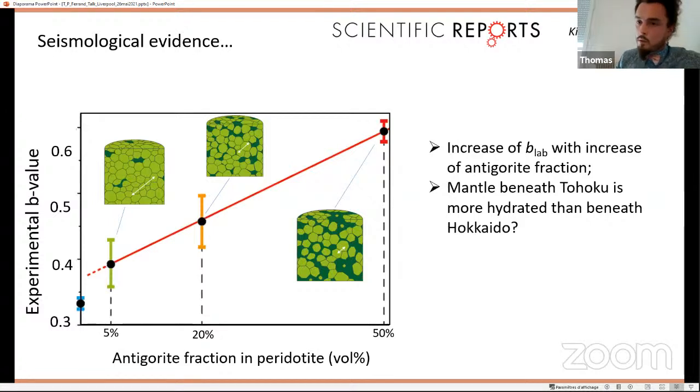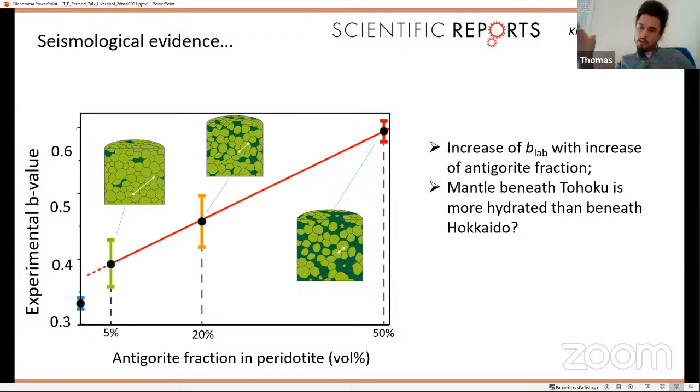When you calculate the equivalent of the b values, the b value is the slope of the Gutenberg-Richter distribution, which means if you increase the b value, you increase the proportion of small events in a catalog of earthquakes. And when you decrease the b value, you increase the number of large events for a given number of small events.